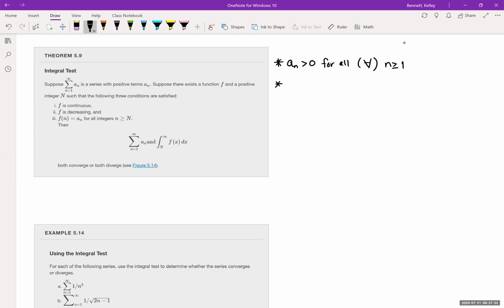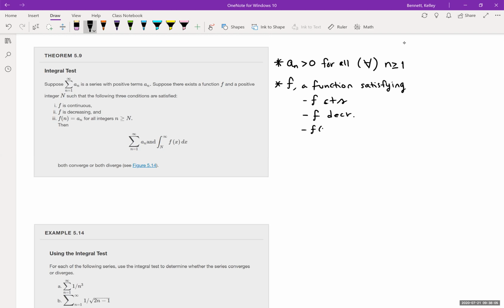You need to have a function f. We need f to be continuous, which I usually just write CTS. f needs to be decreasing.